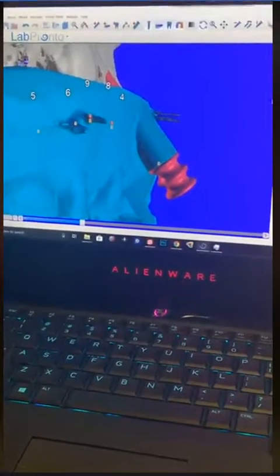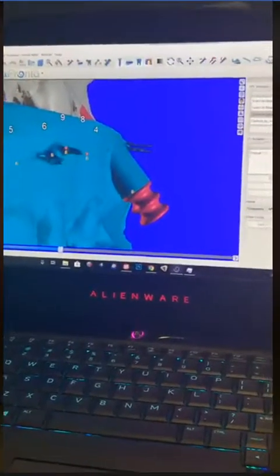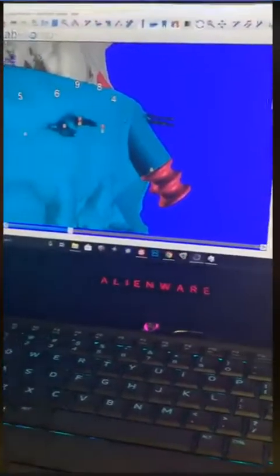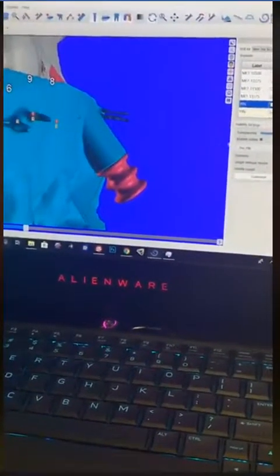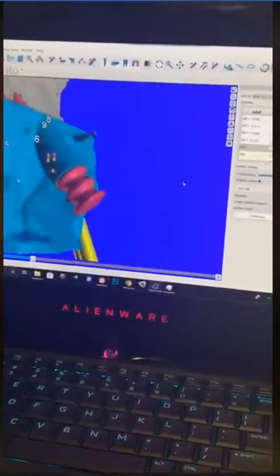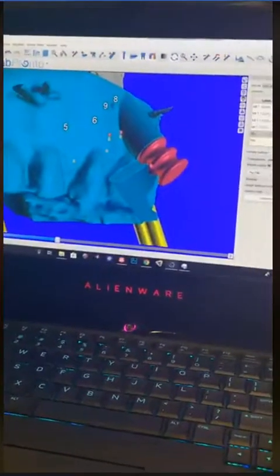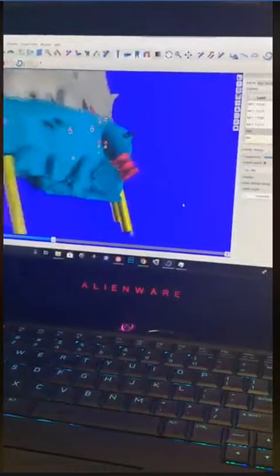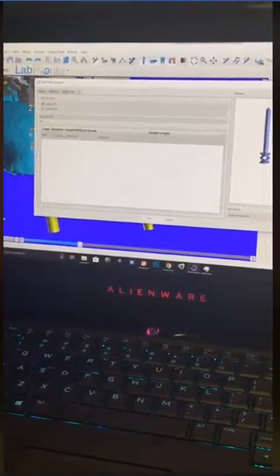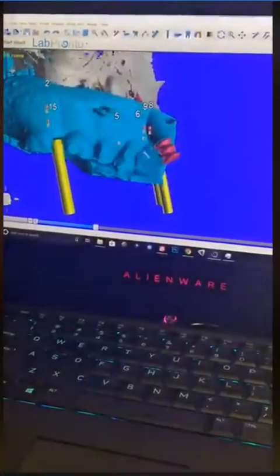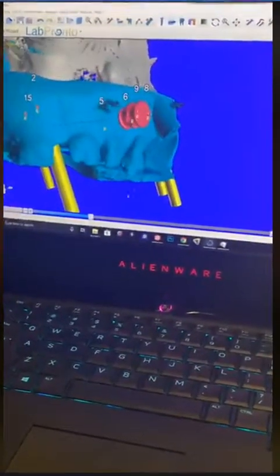Let me see if I can actually show you what I mean by that. Let's just stick a pin in there so you can all see what I'm talking about. Here's a pin. I'm going to stick it in there. It's just arbitrary. I don't know whether this is a good site or not.